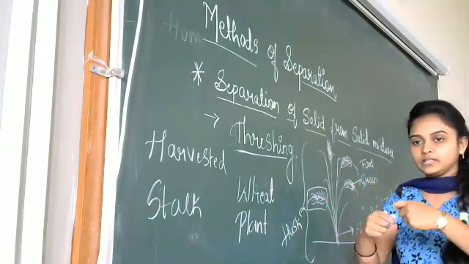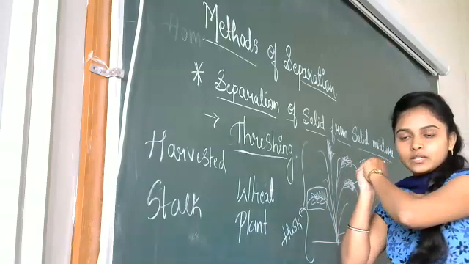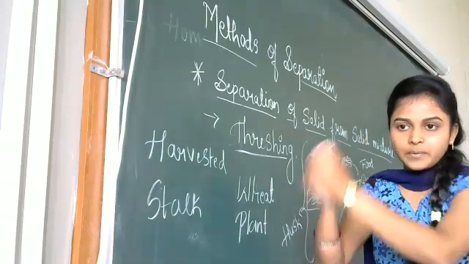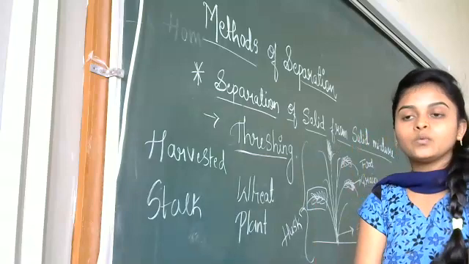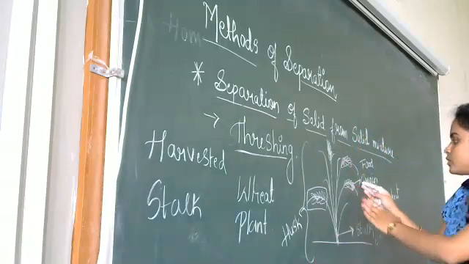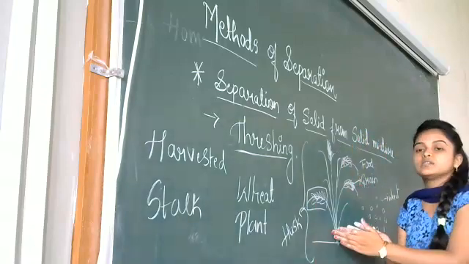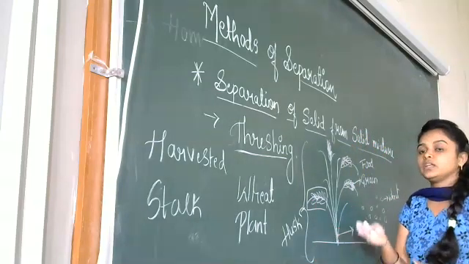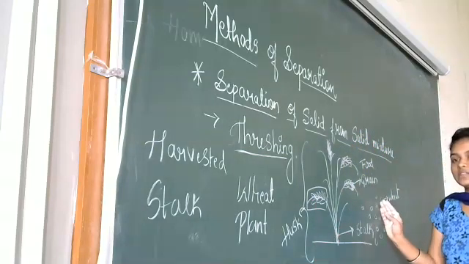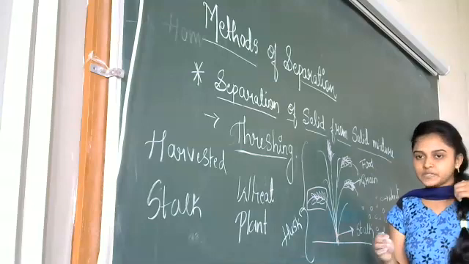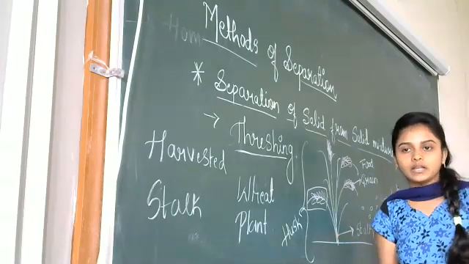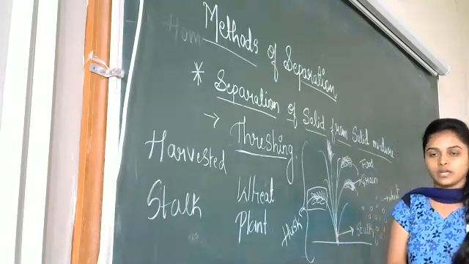It is held in the hand and beaten on a stone. Then the food grains are separated from the stalk, so we can sell them in the market and later use them for cooking.